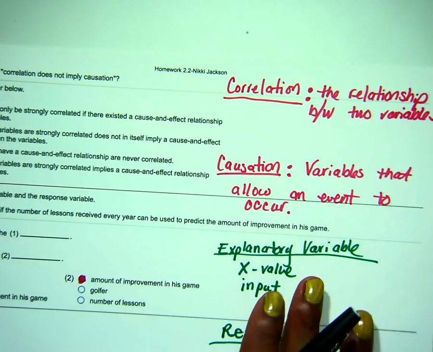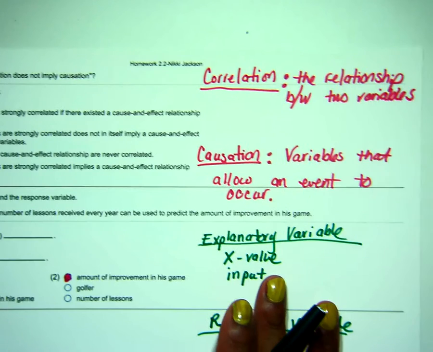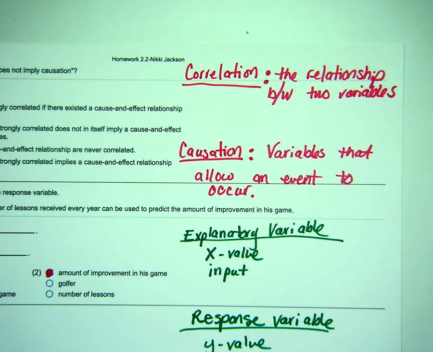Here's your next example. So you might want to pause it just for a minute before I get into more details and write down the definitions of causation and correlation. Correlation, as stated earlier, is the relationship between two variables or the measure between two variables. Causation variables are variables that allow an event to occur.